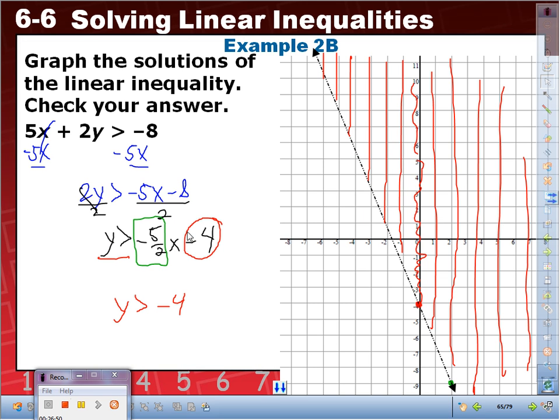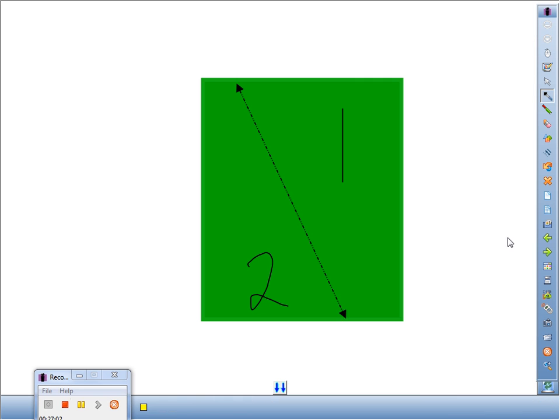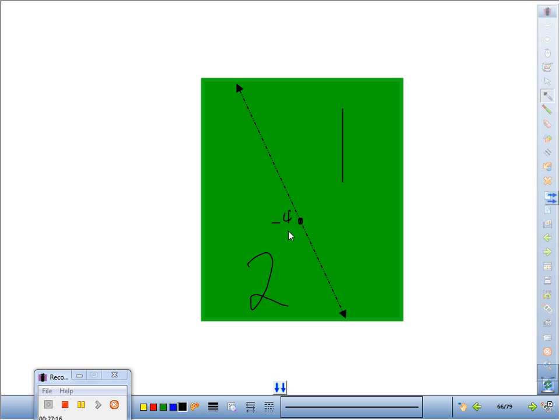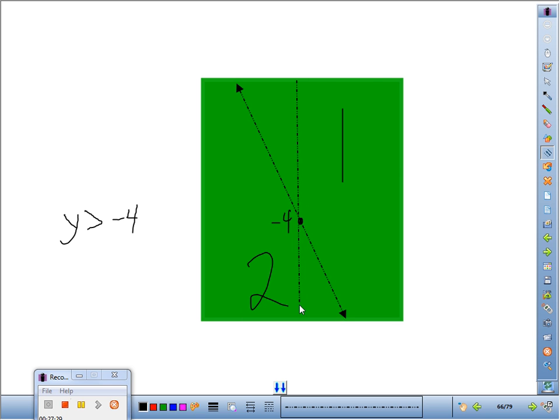Check this out. What part of the inequality did we use to find out which way to graph? I used this part and the last part. And this is key. Watch. What was the inequality? Negative 4. Okay, let's say this is negative 4. My inequality is y is greater than negative 4. So check this out. This is negative 4 right here, and this is my y-axis.